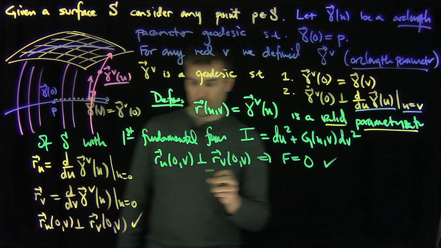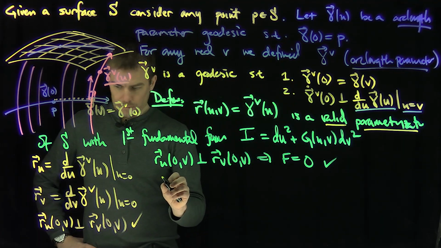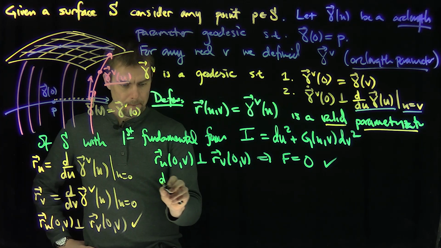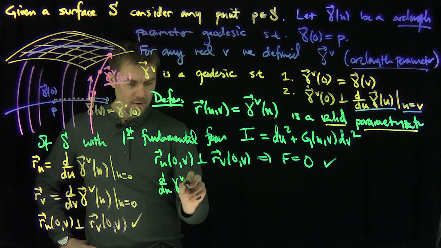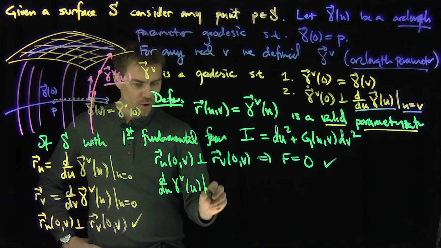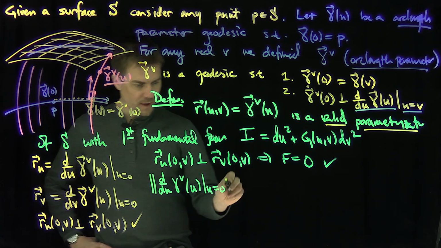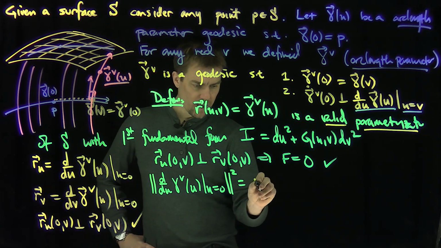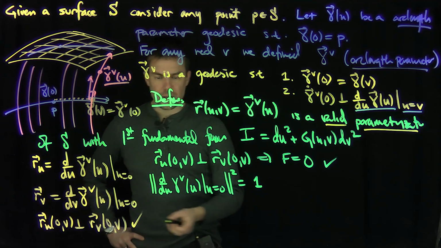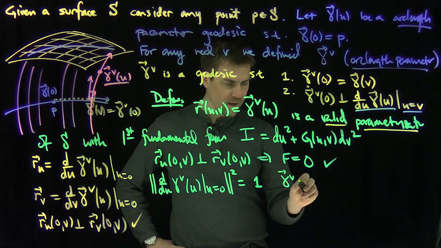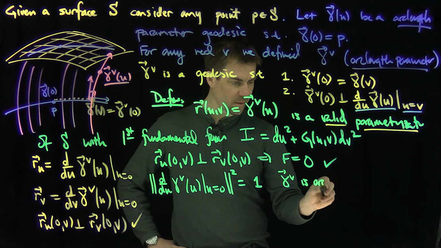Now, what would d by du of gamma v of u at u equals 0 be? If I look at the length of this thing squared, that's going to be 1 because gamma v is an arc length parameter.